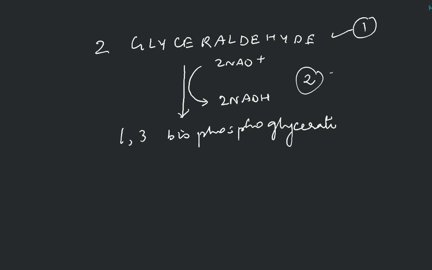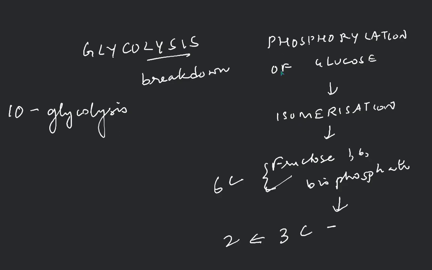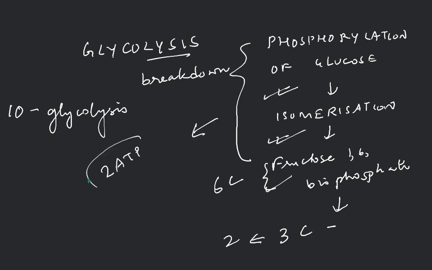Let me tell you one more thing. In the later part ATP is formed, but in the earlier part, the upper 5 steps, one ATP was required in the first step and one ATP was required in the next step. So in these two steps, two ATP molecules are already used up.